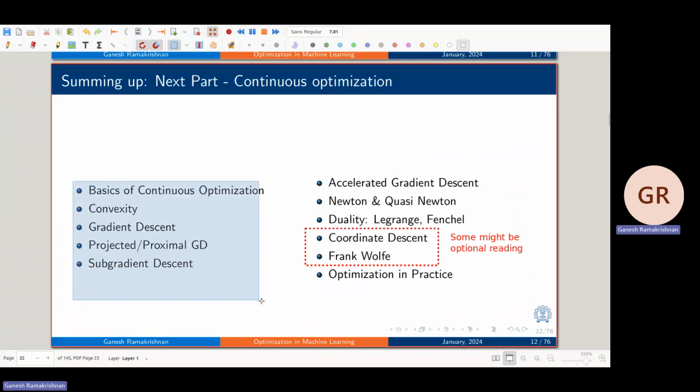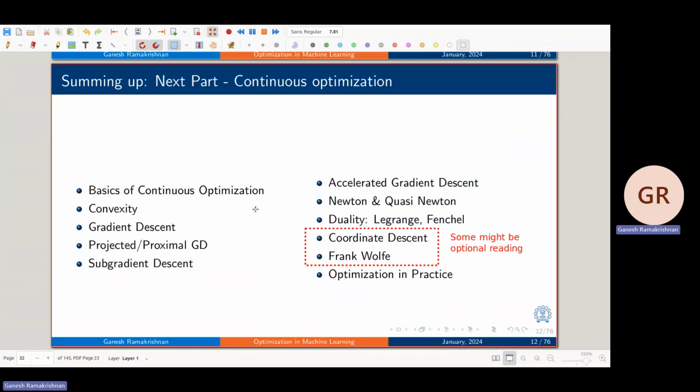So this is going to be really quick, super fast. Now we'll talk about convexity, gradient descent, projected and proximal gradient descent, subgradient descent, right? And then I don't know how much of Newton and Gauss-Newton we'll talk about. I'll put up slides. Whatever I don't cover in the class, I'll post as optional reading.